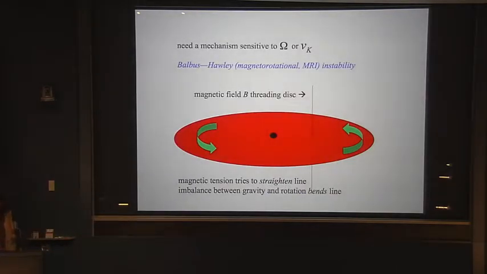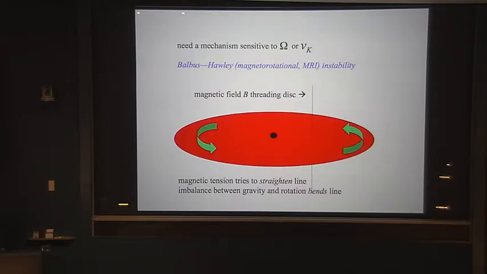And again, in response to a question about what are the other effective ways in which viscosity arises, aside from this hand-wavy alpha prescription, obviously one other important mechanism for generating kinematic viscosity is magnetic fields.